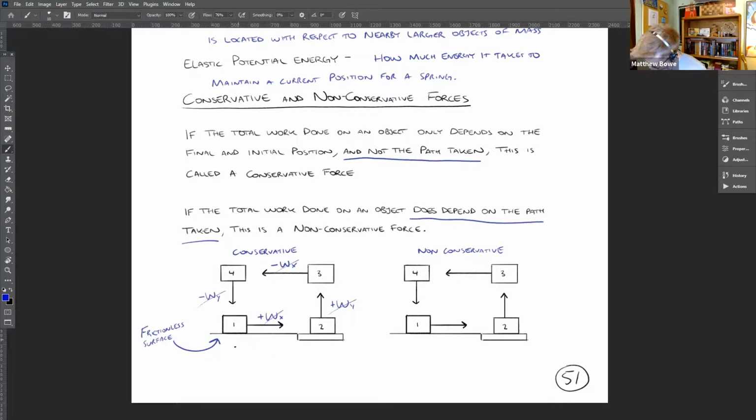So I'll say that the path does not matter. It returns with the same amount of energy that it starts with.